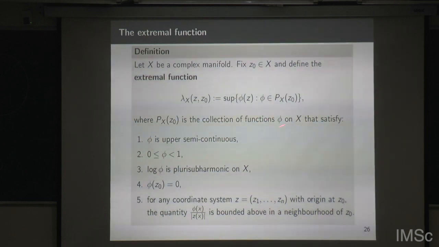So this construction generalizes the construction of the Green's function in the domain. However, there is one critical problem: this function is not symmetric, whereas the Green's function for bounded domains is symmetric. This pluricomplex Green's function has been used in the literature to prove several deep facts. In fact, the theorem of Lempert that I stated several slides ago also uses the log of this function.